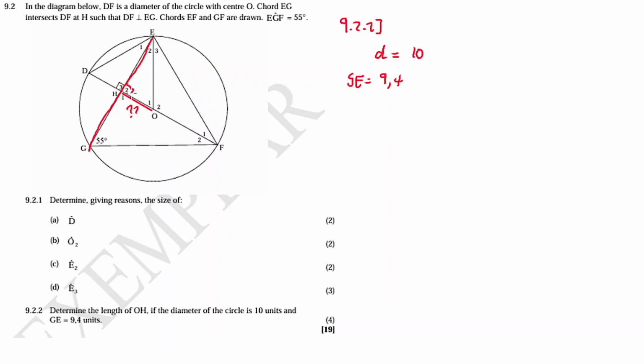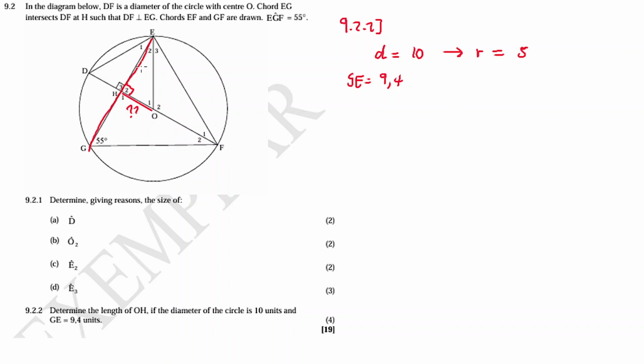This triangle is a right angle triangle, right? Since the diameter is 10, it means the radius of the circle is 5. The radius is 5, 10 divided by 2 gives us 5.